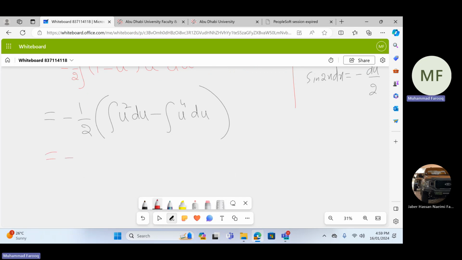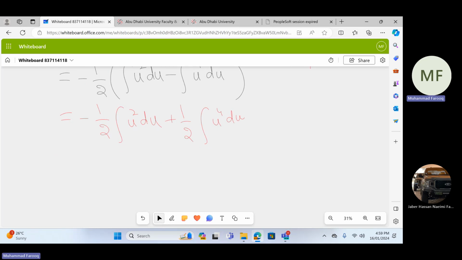So it becomes negative half integration of u square du, plus positive 1 by 2 integration of u to the power 4 du. Now please apply the power rule. Minus half, u square how much?